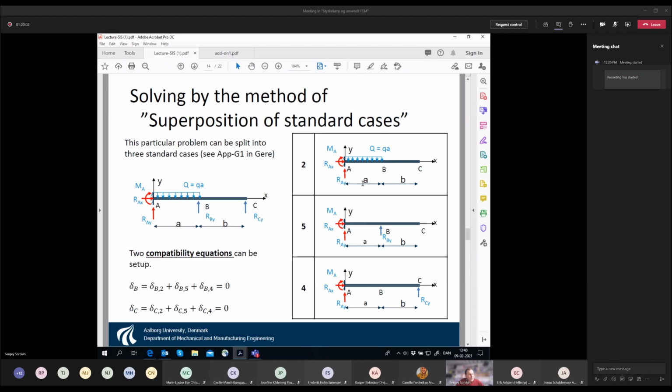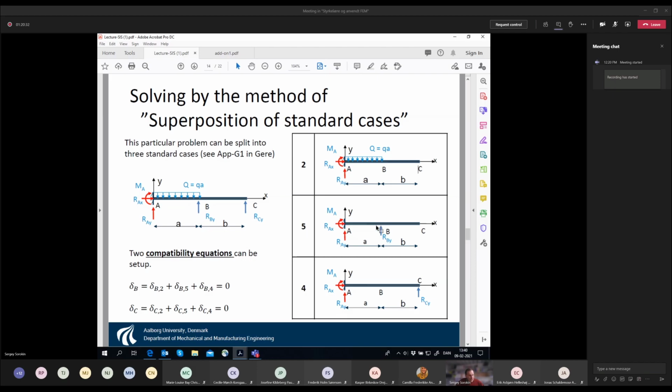So then we take a look at this picture. We ignore these two forces, and we have only the distributed load Q. Due to the action of the distributed load, there will be some displacement of point B downwards and some displacement of point C also downwards. Then we introduce only this force here.